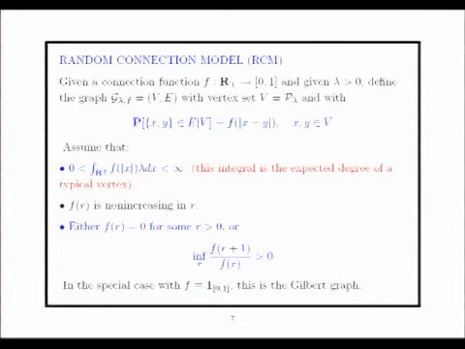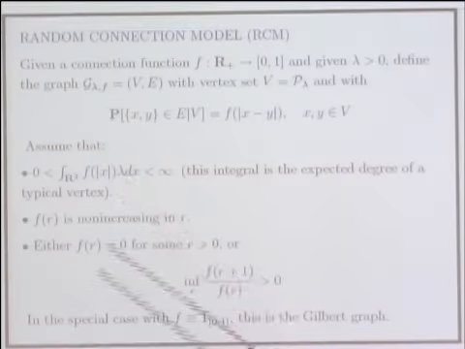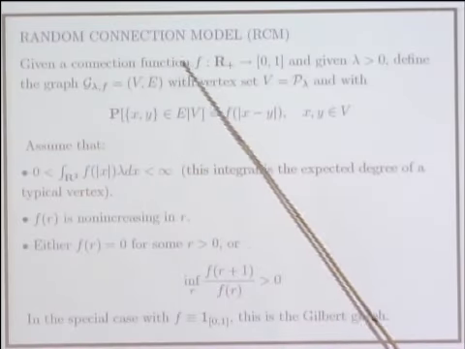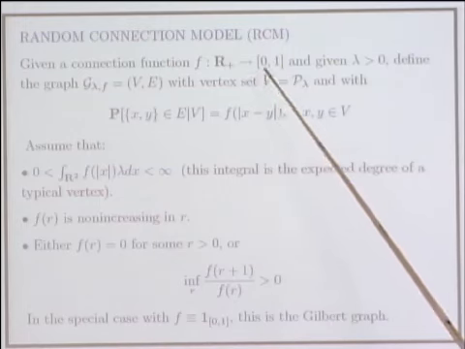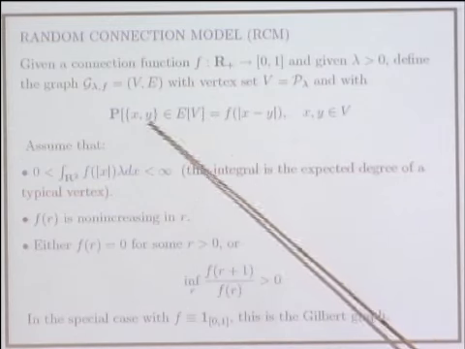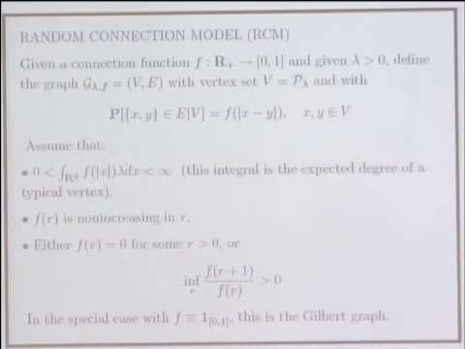And I'm actually going to say it's a decreasing or non-increasing function of the distance between them. So the closer together they are, the more likely they are to be connected. So we're going to have something we call a connection function f, taking values in the unit interval, and so f of x minus y, or f of the distance between x and y, represents the probability that points x and y get connected.